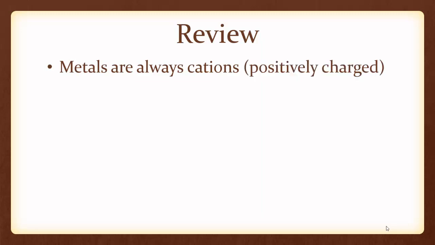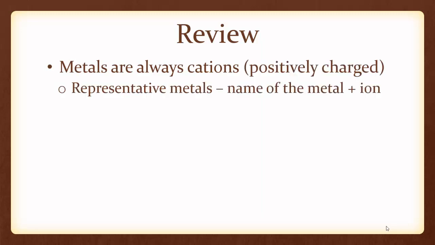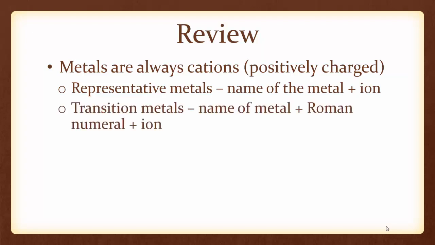For the most part, you look at the sheet, but you need to know to look at the sheet. So to review, metals will always be cations, positively charged. For the representative metals, just the name of the metal and the word ion. For the transition metals, you need the name of the metal, the Roman numeral for the ionic charge, and ion.